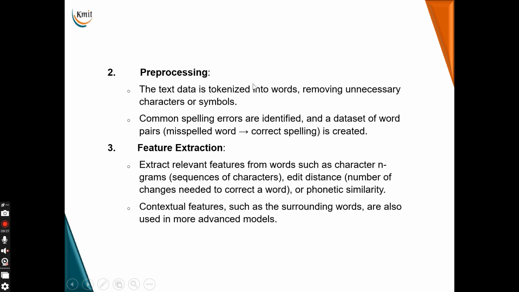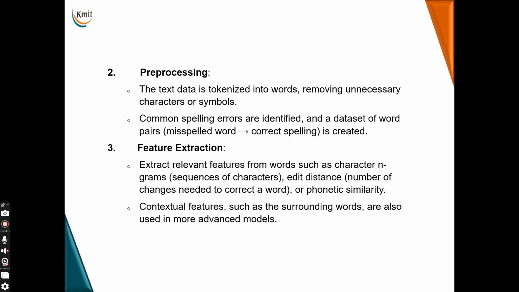And pre-processing. After collecting the data, definitely we need to do pre-processing. So the text data is tokenized into words, removing all the unnecessary characters, punctuation marks, whatever are there, they are removed, and you will try to divide the input data into tokens.